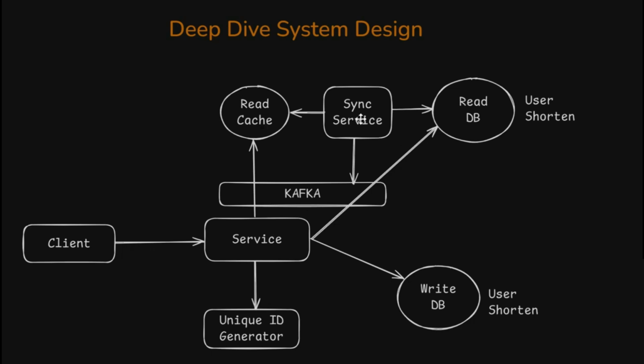If this service has not written by then, we can go to these read dbs or write dbs as well, as a backup. But in case you have already got the mapping from that short URL to the long URL, we can send back the response to the customer.